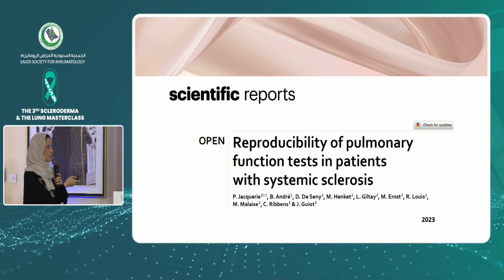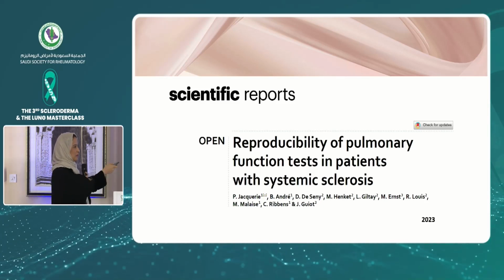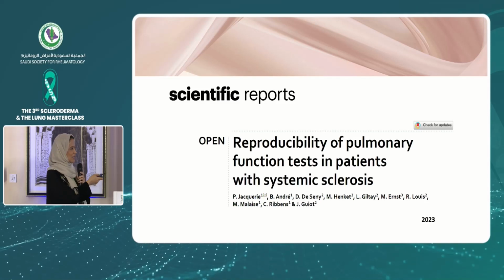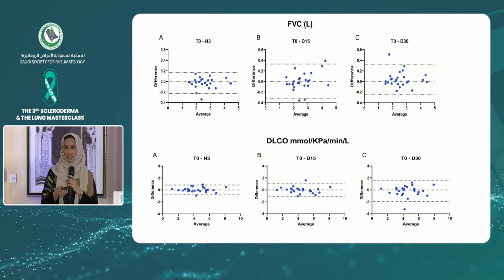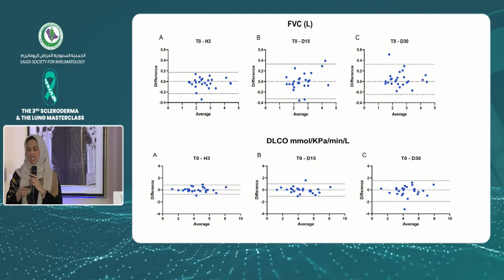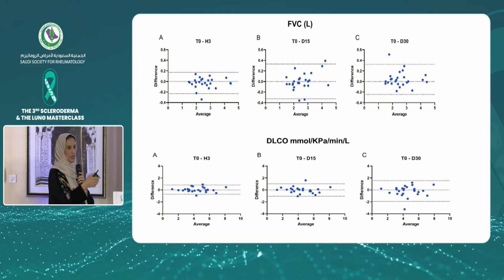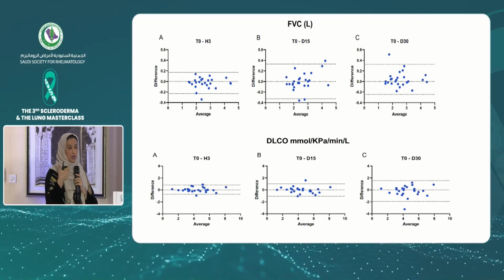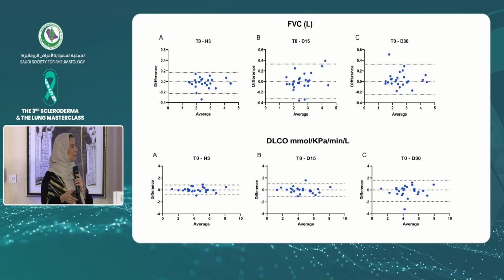So this is a very nice study, recently published. They assessed the reproducibility and reliability of FVC and DLCO in scleroderma patients. All that was included here were SSc patients without ILD and patients with ILD but proven to be stable.